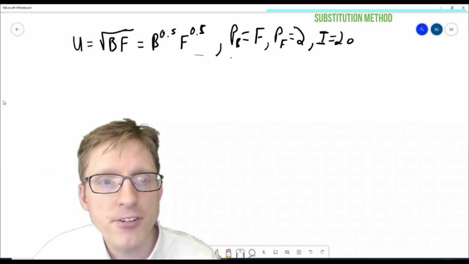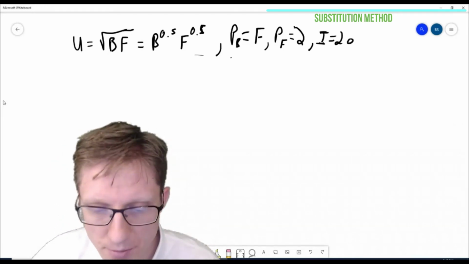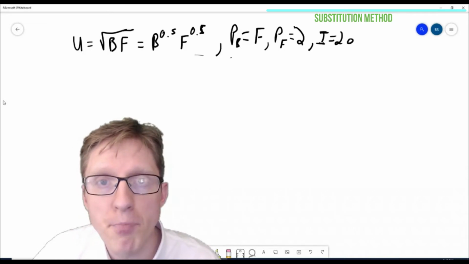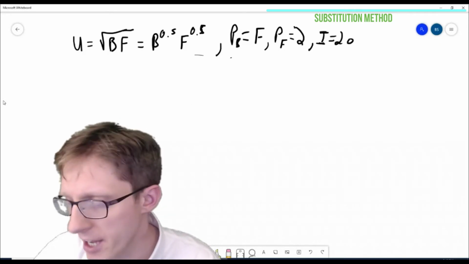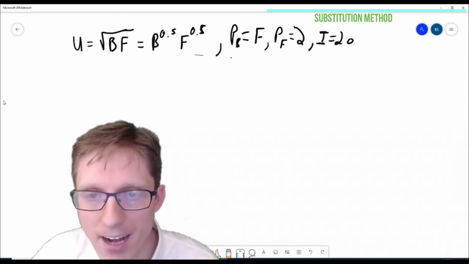So as I said, the first step of solving this problem using the substitution method is to use the budget constraint to find the relationship between F and B when the person is spending their entire income. So let's start by writing down the budget constraint.